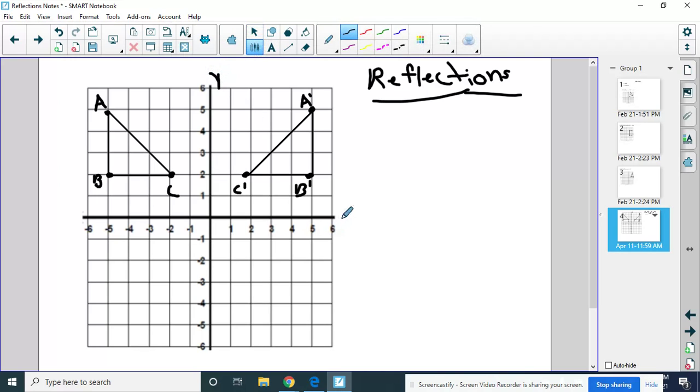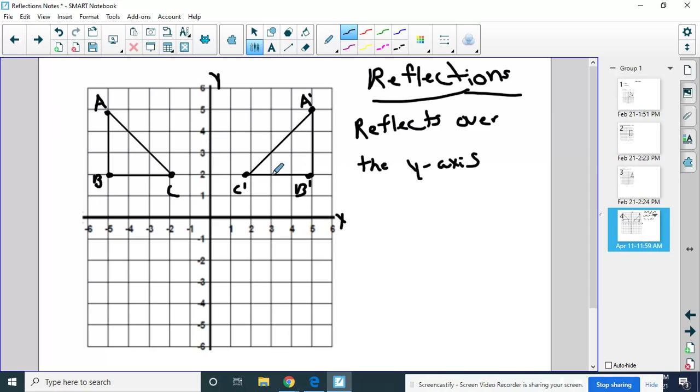Remember, this is the y-axis, this is the x-axis. So if you were to answer, what happened? You would say it reflects over, or you could say the word across, the y-axis. But it's important to know where the points are at, and then realize it flipped over. You can see that it flipped over.